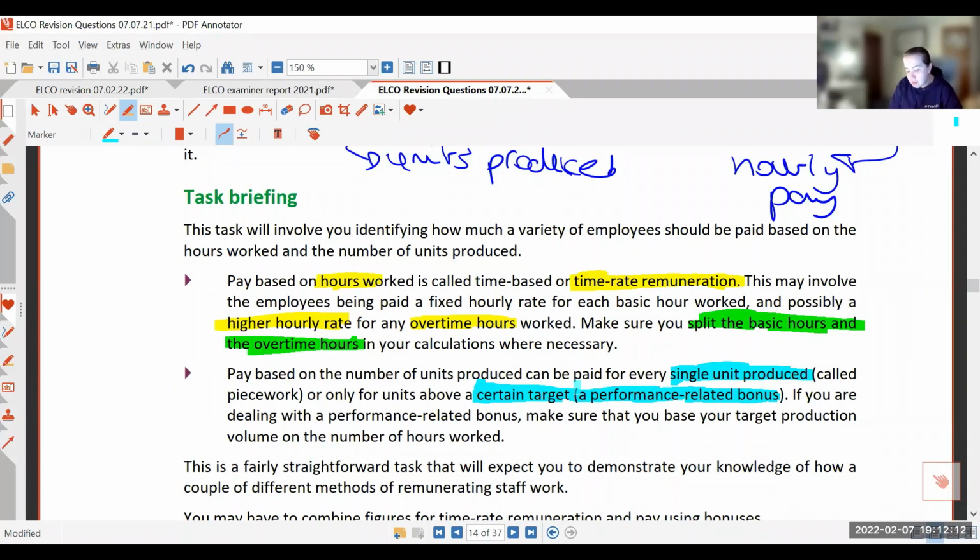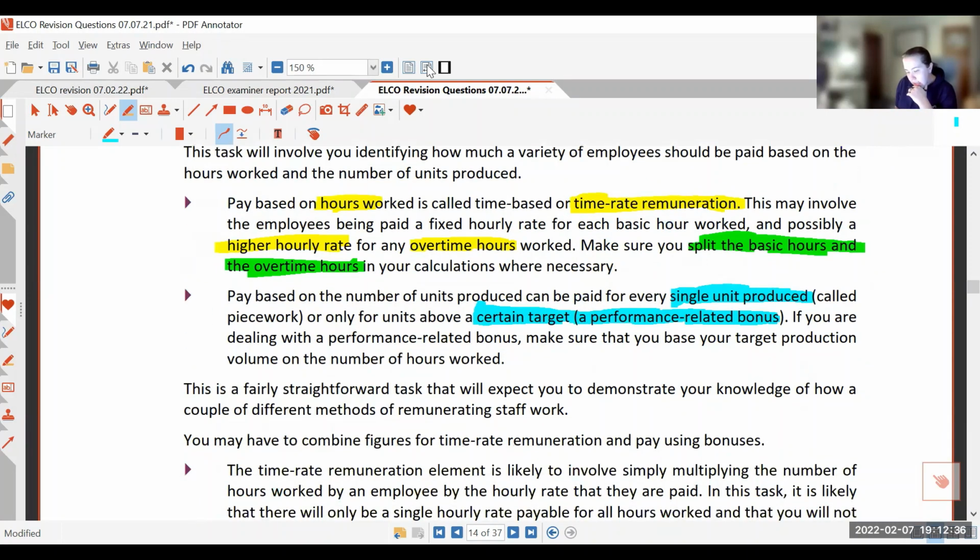A lot of them form around the idea of checking that employees have been paid the right amount based on what they've produced and what they would get as a bonus if they did go over the expected level. And a lot of that, again, is about checking and being thorough with your calculations. As I said before, this is quite a straightforward task.